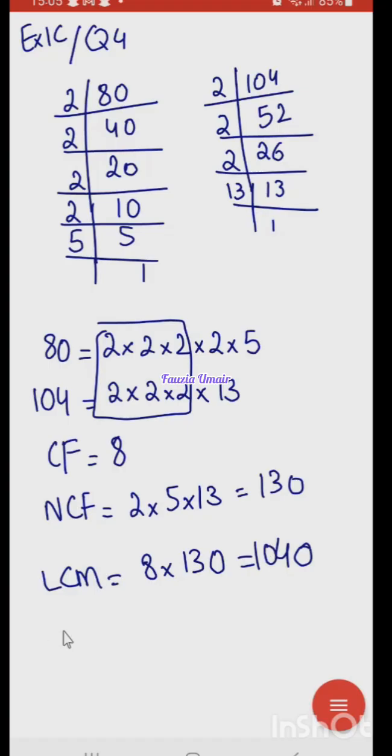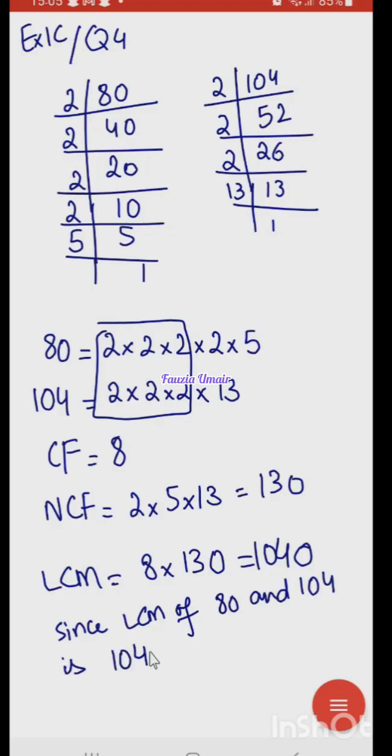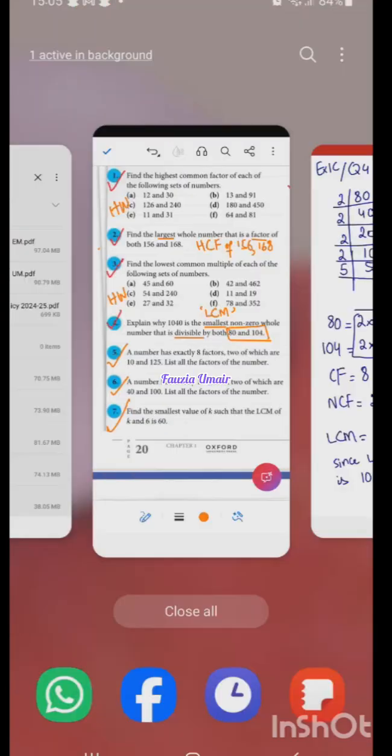ठीक है, so how you're going to answer this question, you will say since LCM of 80 and 104 is 1040, अब आपने वही सारी जो क्वेश्चन स्टेटमेंट है ना, वही आपने यूज करनी. क्वेश्चन स्टेटमेंट क्या थी?